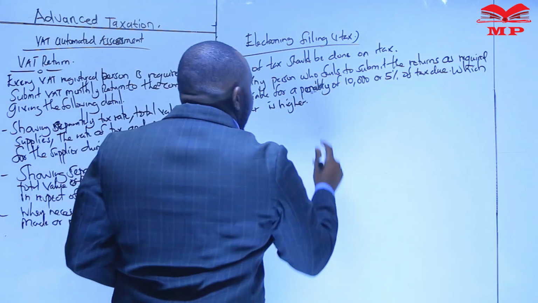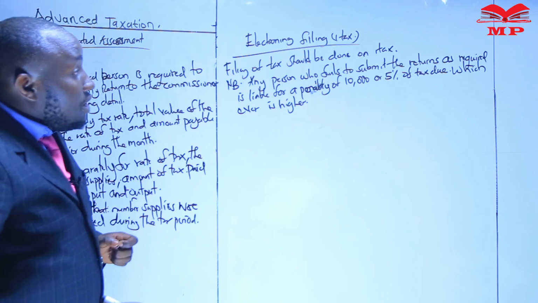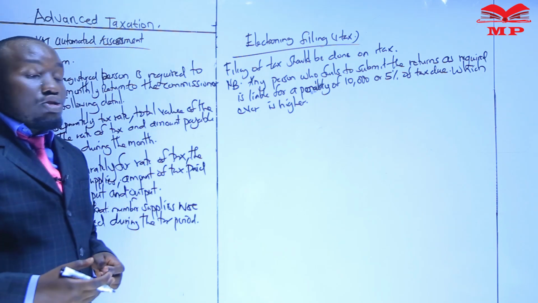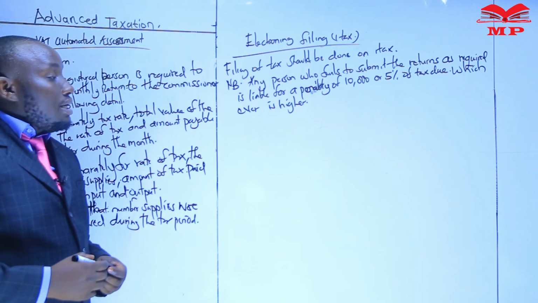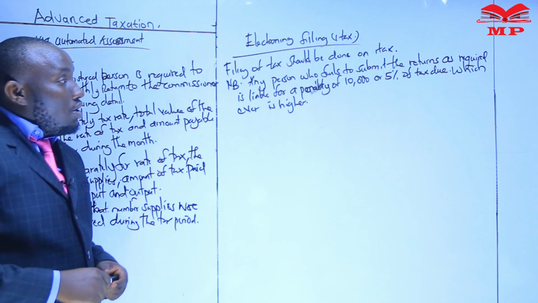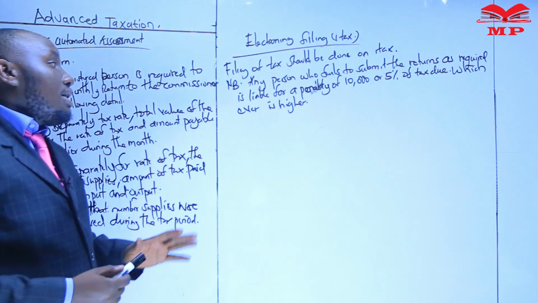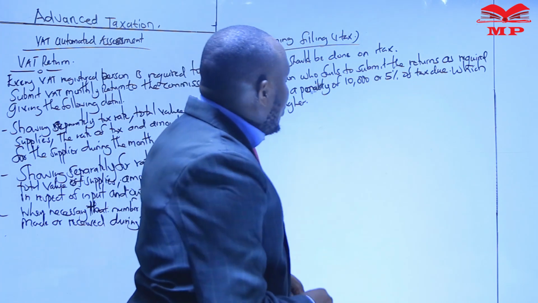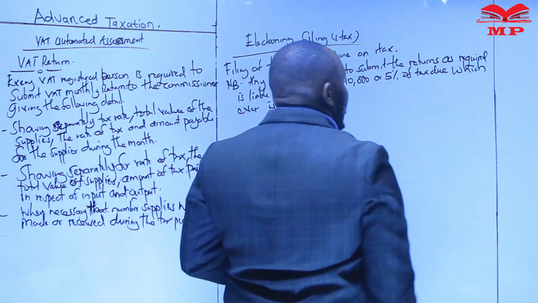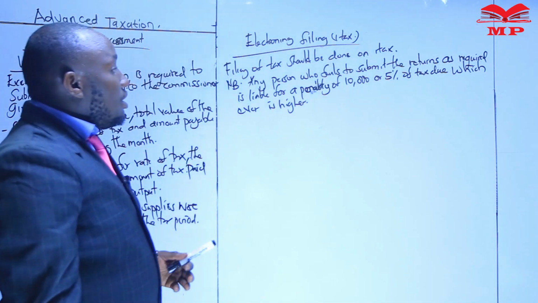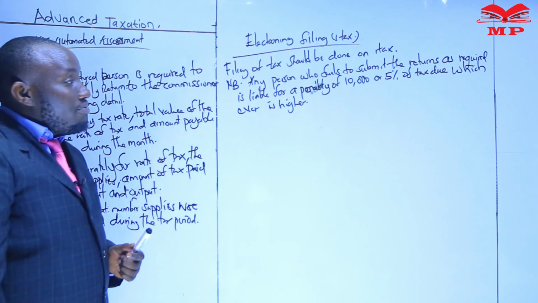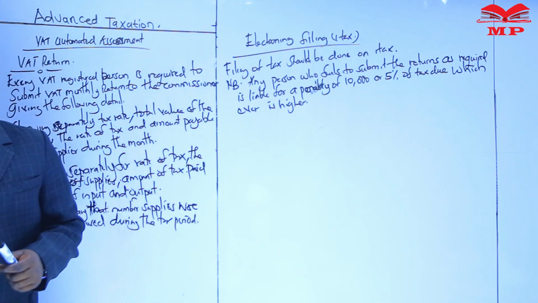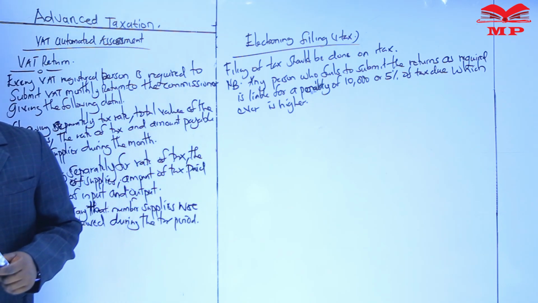So if the return is not submitted on time, the 20th has reached and you've not filed or you've not paid altogether, the penalty should be 10,000 or 5% of the tax due, whichever is higher. So that is a comparison. We look at 10,000 and 5% of the tax due. That is what the taxpayer needs to submit to the Kenya Revenue Authority.